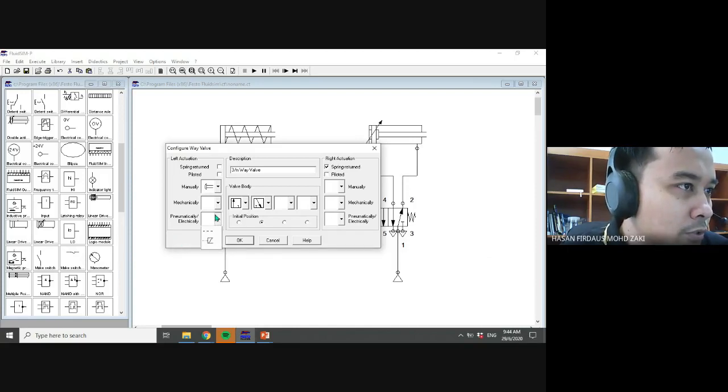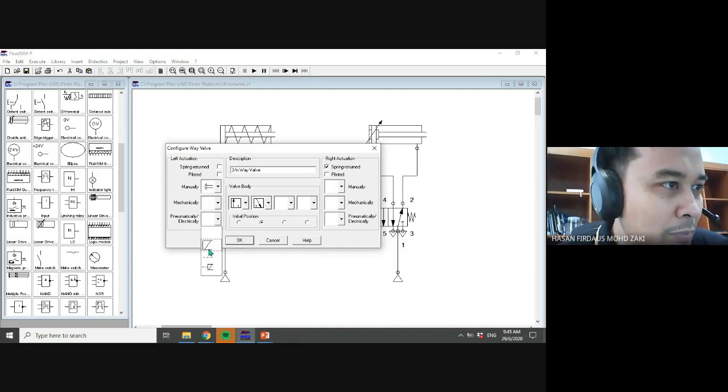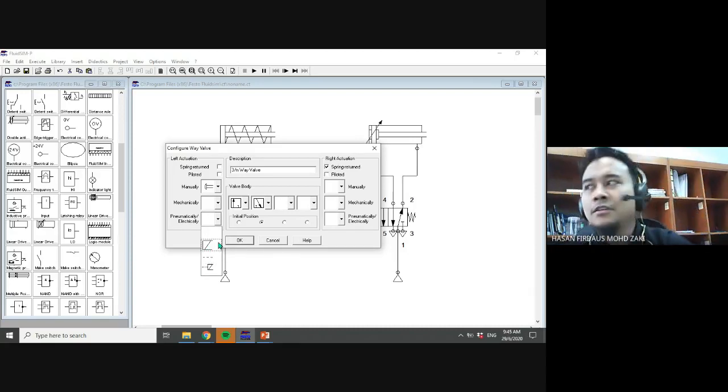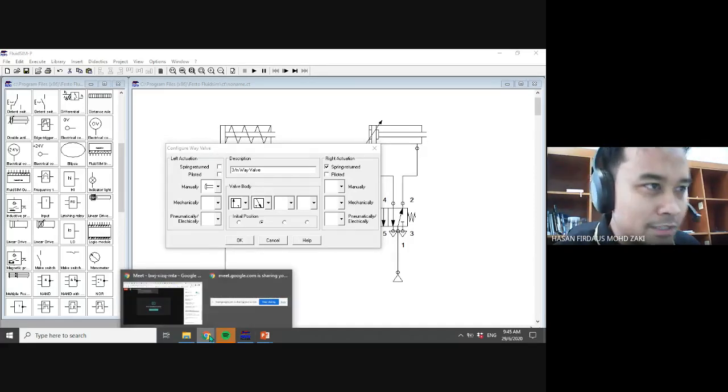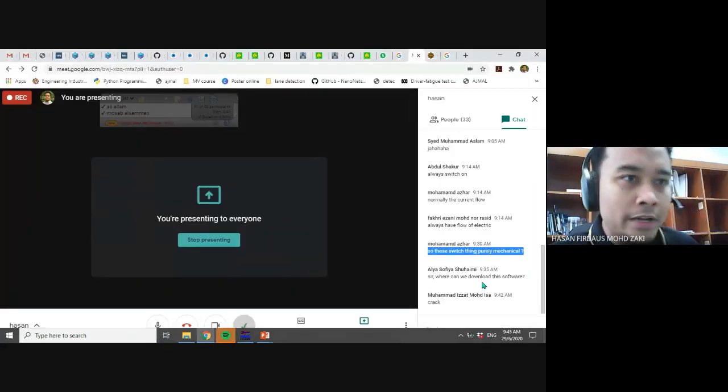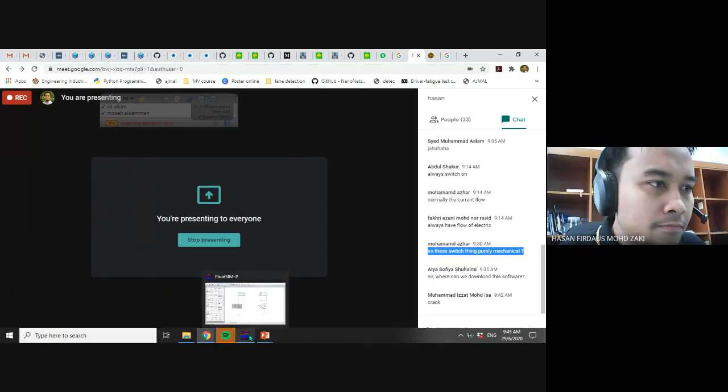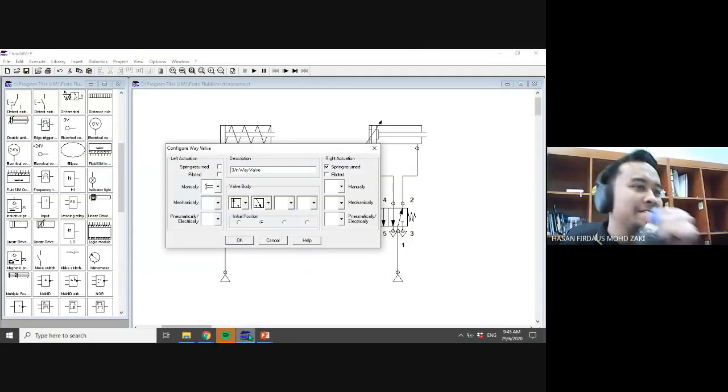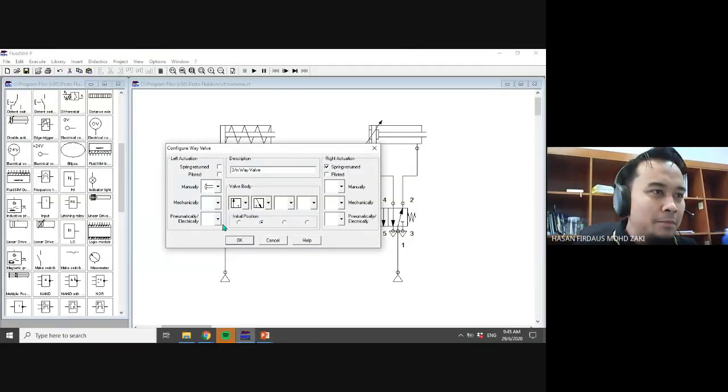So this one, what is this? Can someone tell me what symbol this is? Someone? Who is asking the question? Muhammad Azhar, are you with me? Can you tell me what symbol this is?